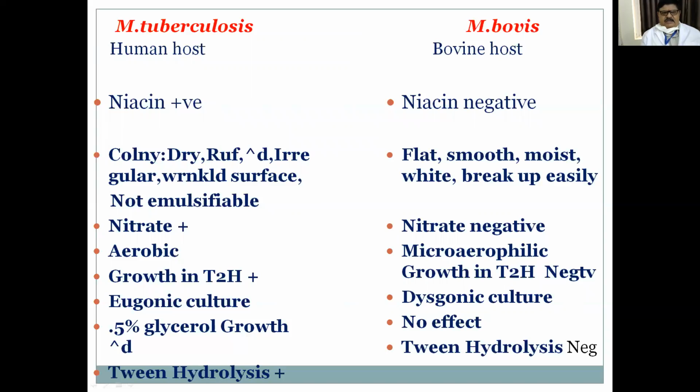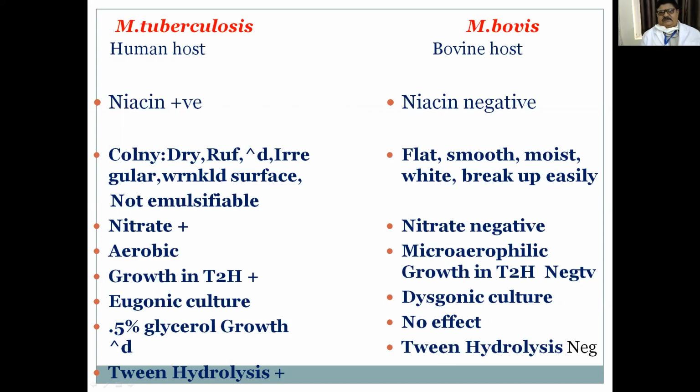Colony: dry, rough, raised, irregular, wrinkled surface in case of tuberculosis. In case of bovis, it tends to be flat, smooth, moist, white, and breaks up very easily. Nitrate test is positive in tuberculosis and negative in bovis.